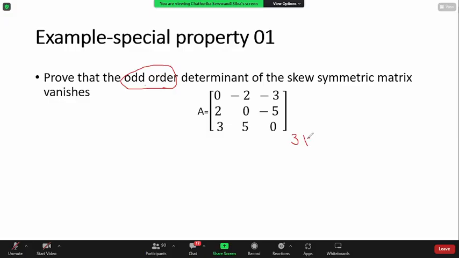So 3 by 3 is correct. There can also be a 4 by 4 matrix, 3 by 3, 4 by 4, and also 5 by 5. So what do we mean by odd order? Tell me, is 4 by 4 odd order or not?